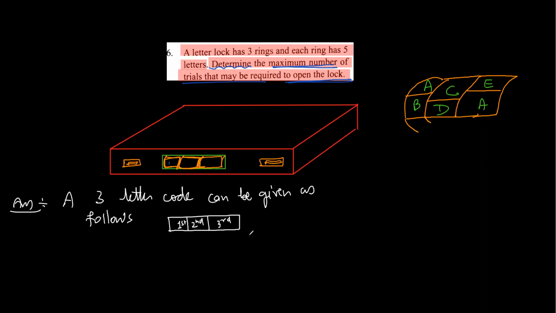Now tell me, how many total different codes can be made? That we will find. The first position of the three-letter code, the first letter, can be chosen in five different ways.